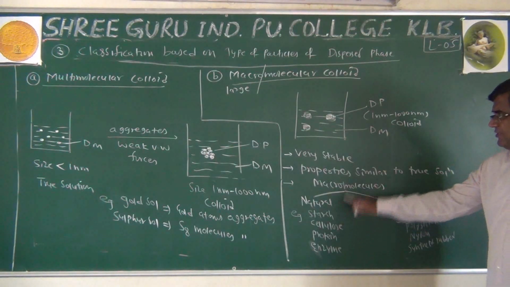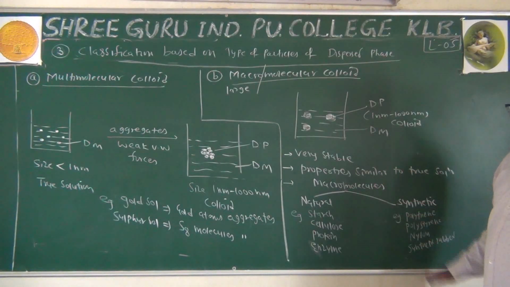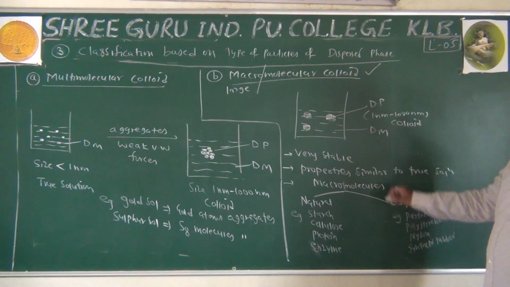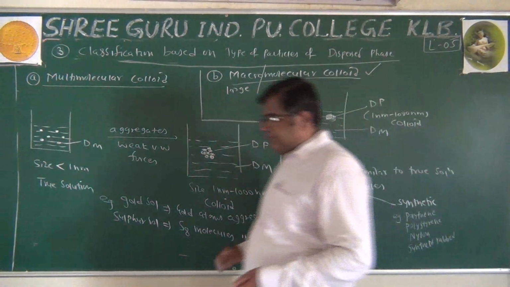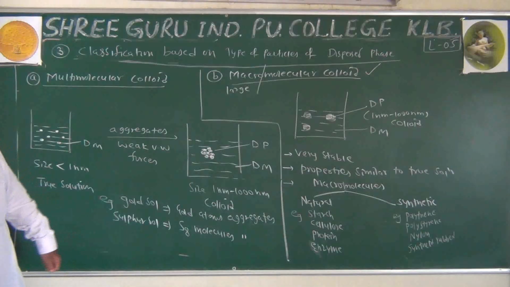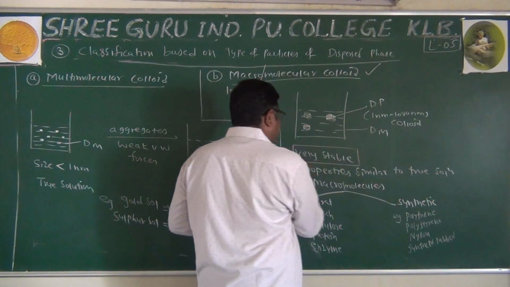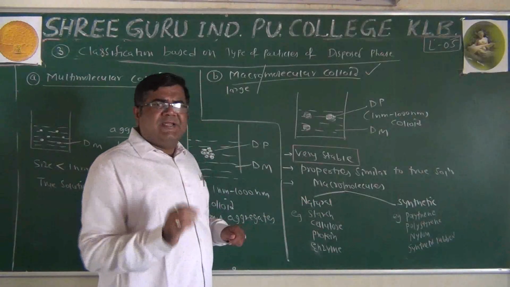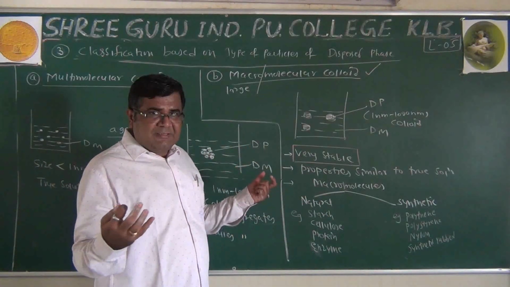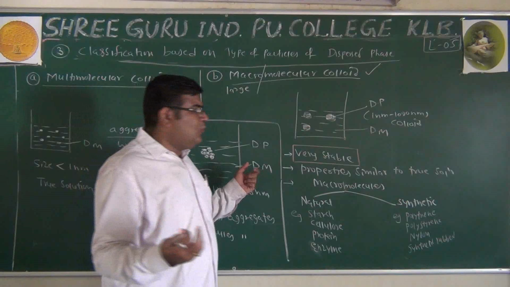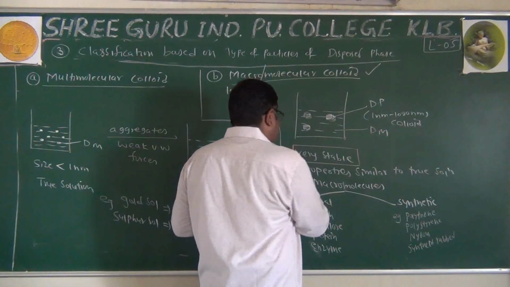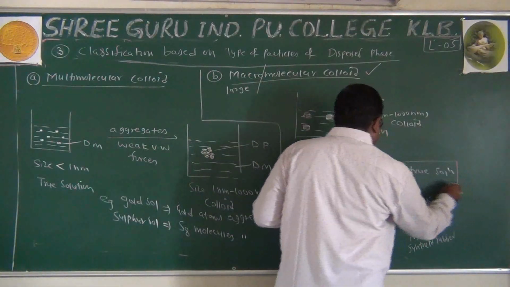When they are dispersed in a suitable medium, it is called macromolecular colloid. Very stable, because it is just like solute added to solvent, only their size is bigger, and that's why we call it colloid. And the properties are similar to the true solution.